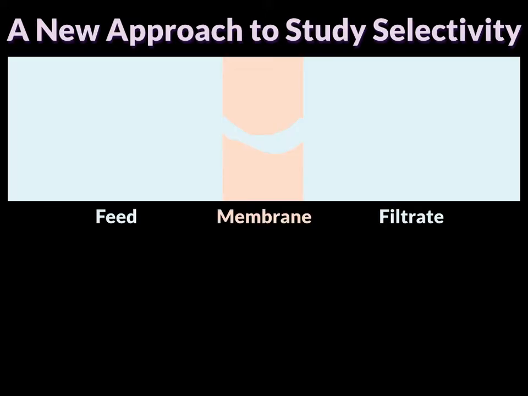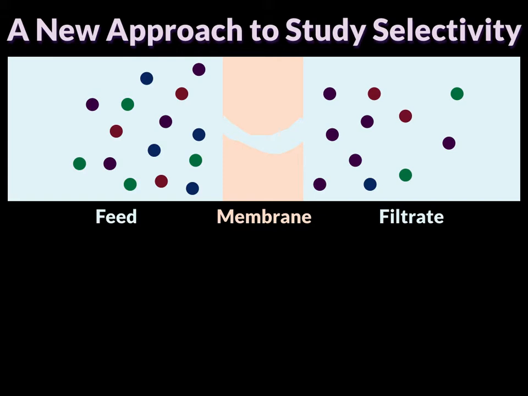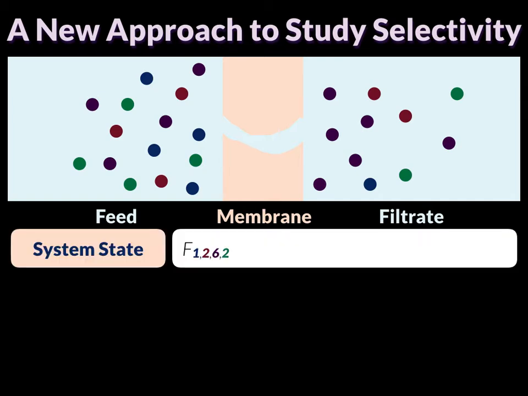So let's say you have a membrane with a single pore that separates two reservoirs. In each reservoir, you have a four-component solution comprised of blue, red, purple, and green molecules. We specify the state of the system.